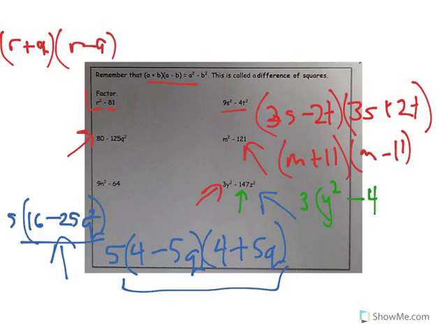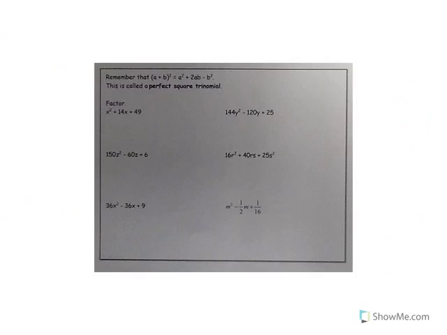Yeah, so it's 49. Now with this piece I can do the same thing I did over here. It's going to be 3 times (y + 7)(y - 7). And we're done with this part.